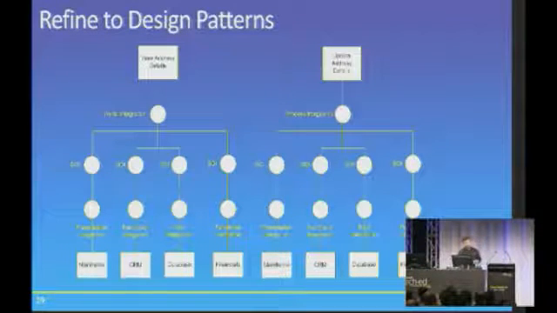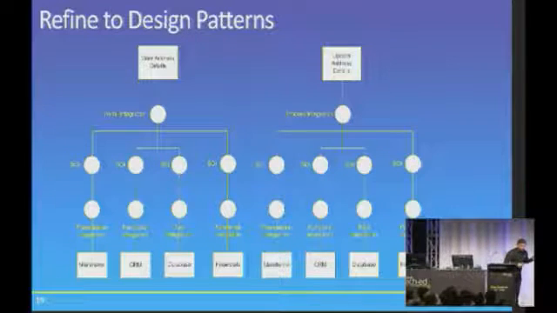So, I'm now refining down to the design patterns. Hopefully, can you all see that reasonably clearly at the back? Great. The trouble with drawing these is you get to some fairly large bits of paper. I've also added a financials column there. So the first thing I did when I started to design this was look at how I am going to integrate. Now there's a variety of different possibilities for integrating.